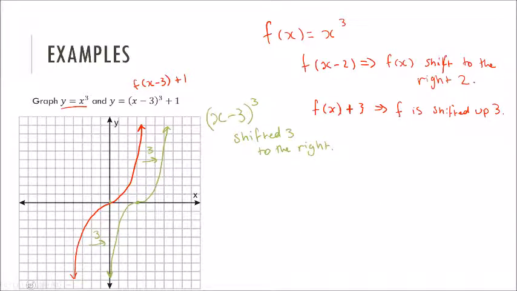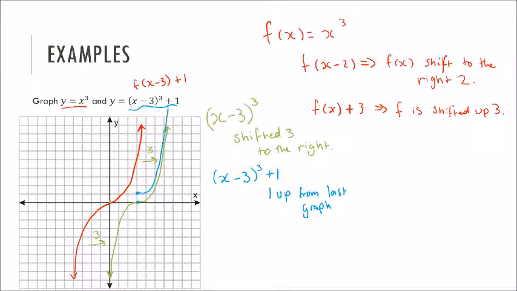Then, let's get a different color again. If I'm going to add a 1 to the end of this, I'm now shifting 1 up from my last picture. So that's this new one. Everything is moving up 1. Now everything's going to go up like this.